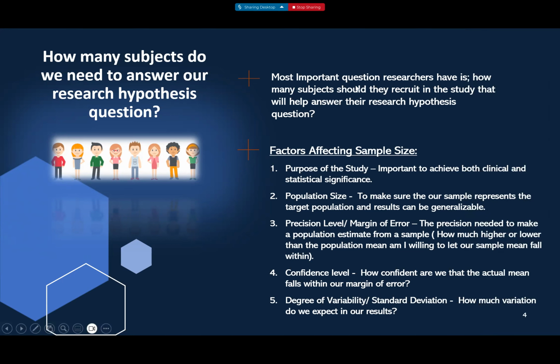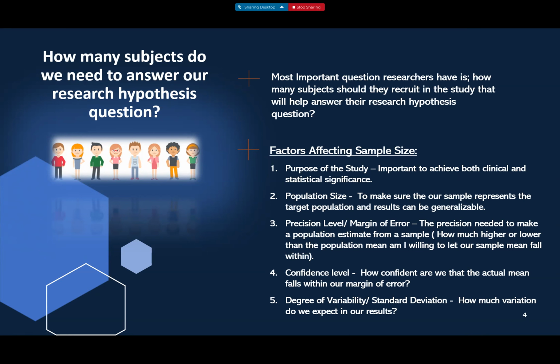Okay, so the first question, most important question that researchers have is how many subjects should they recruit in the study that will help answer their research hypothesis question? When you're working on a research project, the first question in mind is, what should be your population sample size that will be generalizable? So there are certain factors that affect in addressing for sample size calculation. First and foremost, there are a few things that you consider.